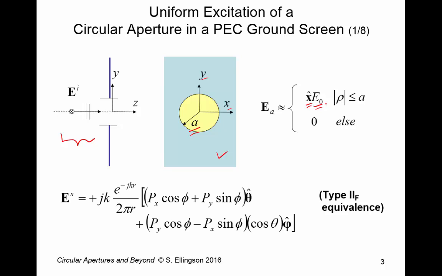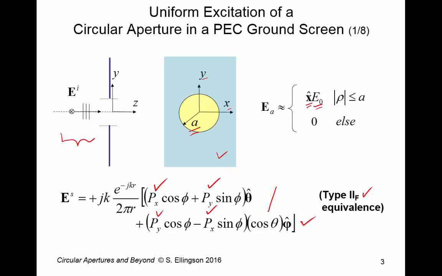So in this case, we can immediately write down a pretty good approximation for the far field electric field using type 2F equivalents, and here it is. Note that the field is described primarily in terms of these x and y components of the spatial Fourier transform of the aperture fields.